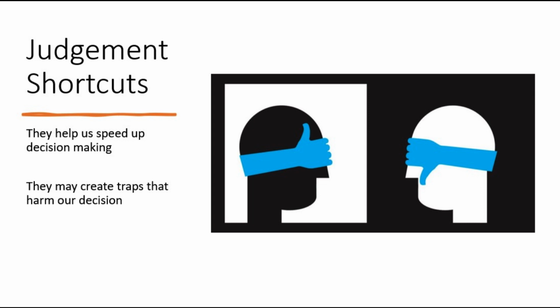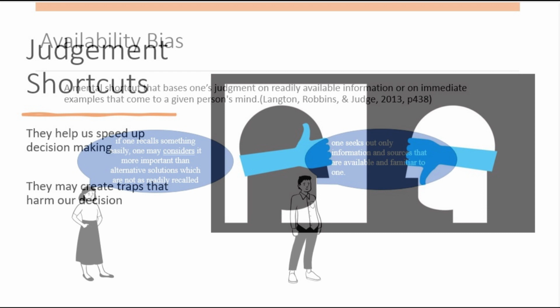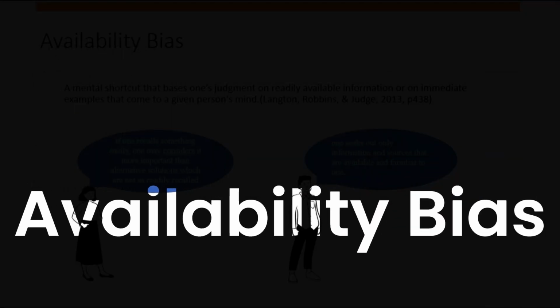For the rest of this video, I will focus on the availability bias, one of the many forms of biases, and in the future videos in this playlist, I will include examples and information on other forms.